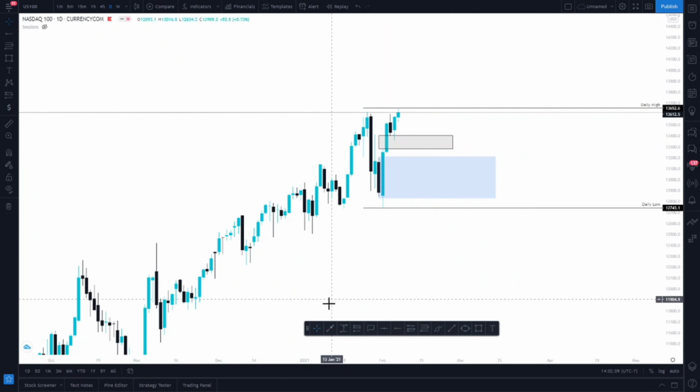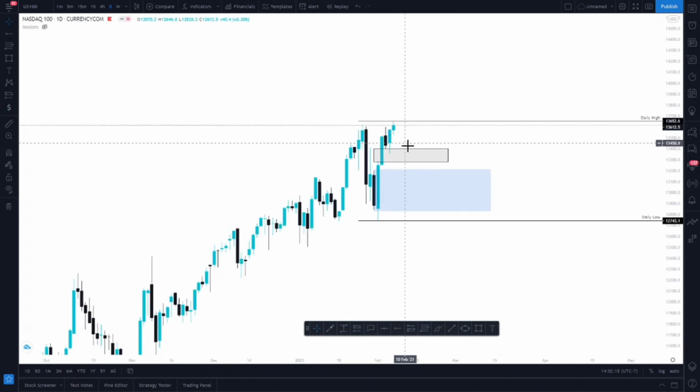So I won't say that the market won't come to this point. The market can come to this point because it definitely has to fill this imbalance. There is no way that it won't fill this imbalance. This is the daily imbalance, and this is our daily point of interest.